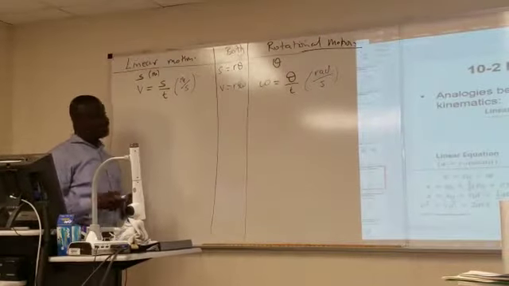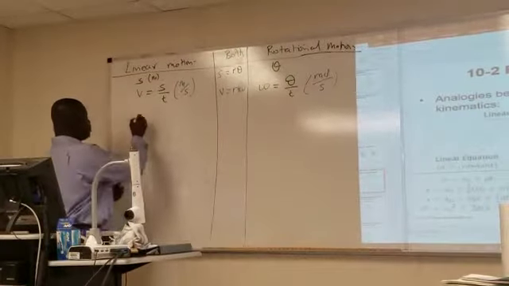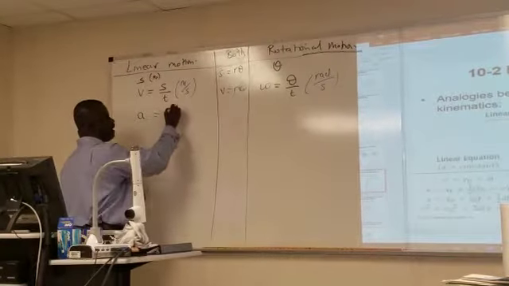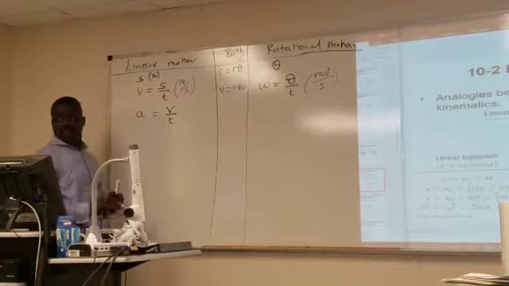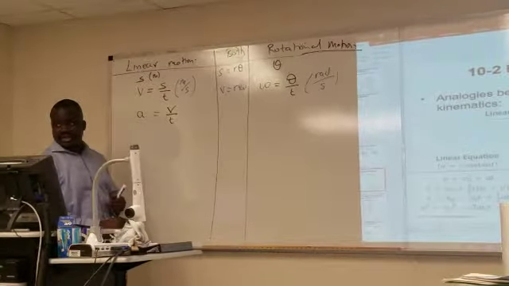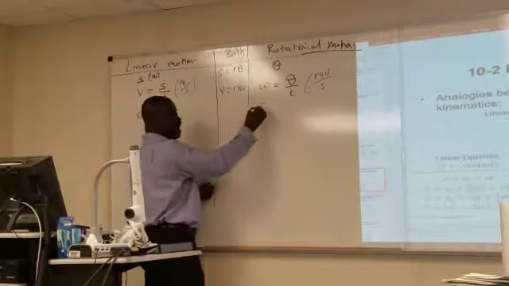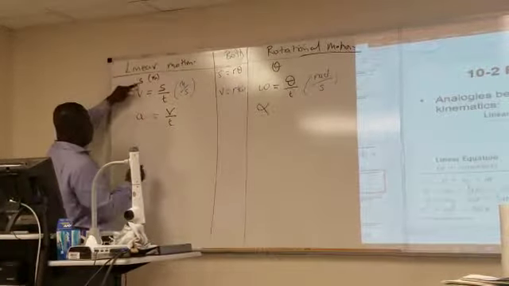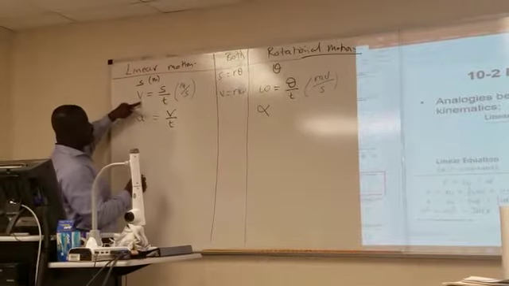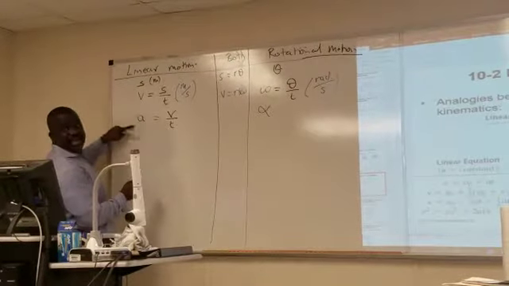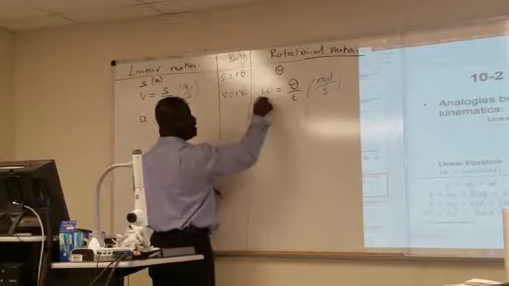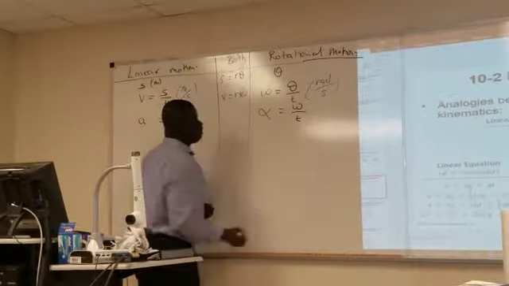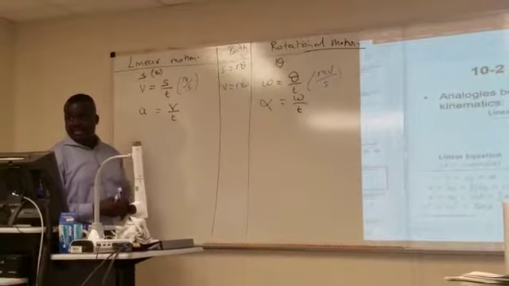The next thing we did was acceleration. And we said acceleration was your velocity over time. Is that clear? Now, here we have angular acceleration, alpha. Watch. This divided by time is velocity. This divided by time is acceleration. So this divided by time is also your angular acceleration.